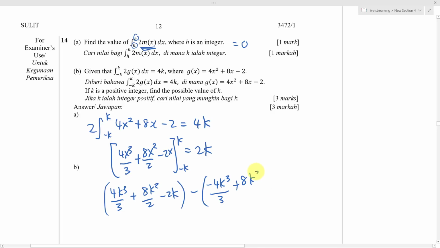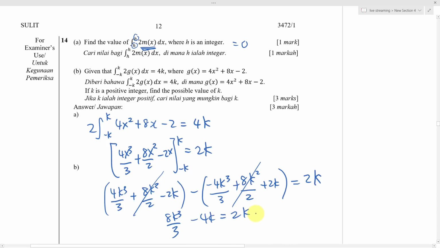Yeah, this one is still k squared because negative squared you get back positive. And then this one will be plus 2k. Oh, okay, now I see it. Alright, it should be fine. Okay, negative will make this one 4k cubed plus together is 8k cubed over 3. And both of these minus gone already. And then this one you will need to minus 4k.